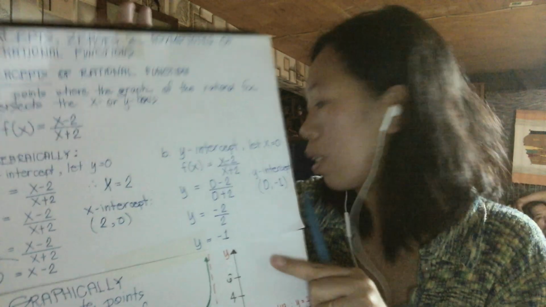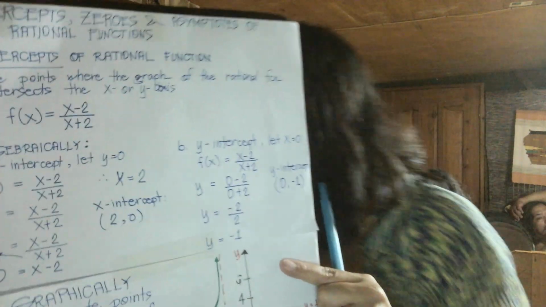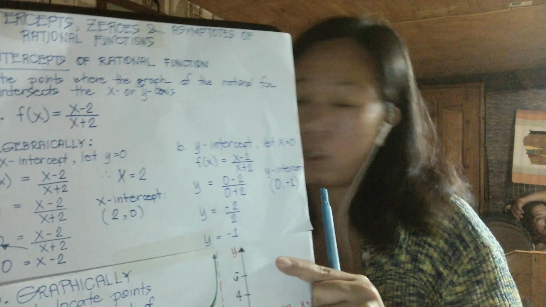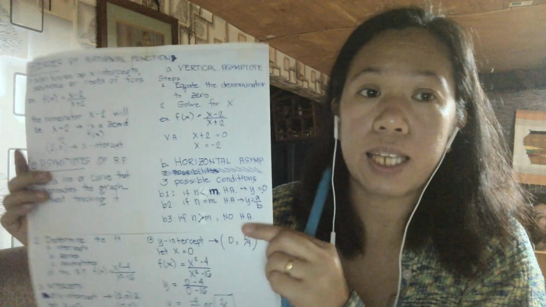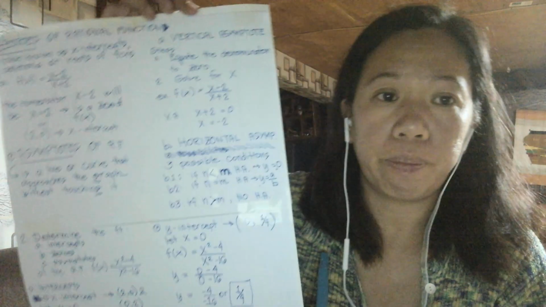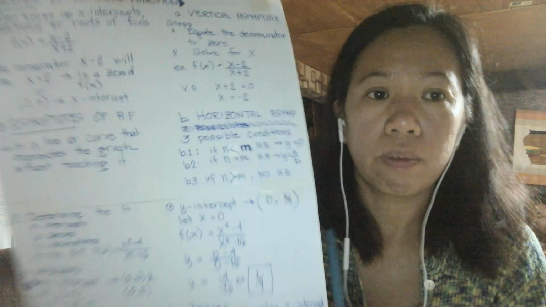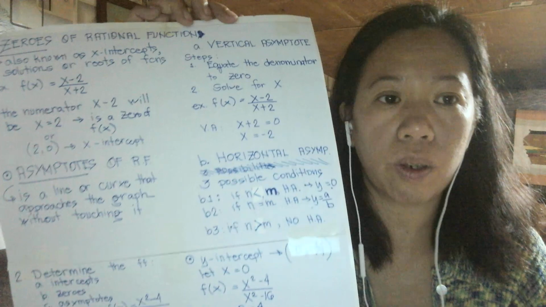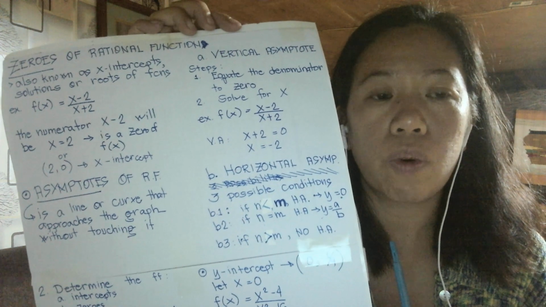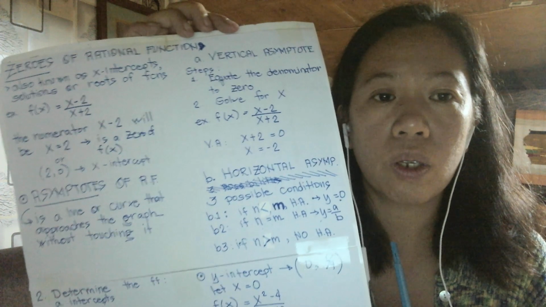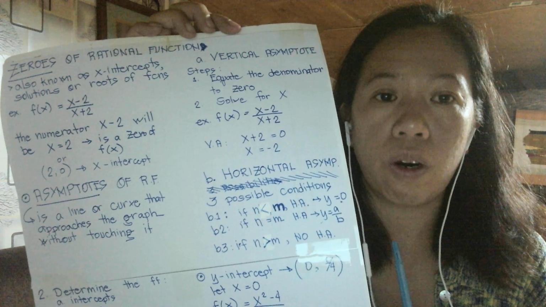The next now is your zeros. So what are zeros of a rational function? The zeros of a rational function are just the same as your x-intercepts. Is it clear? Okay. So zeros are also known as your x-intercepts, or we also call them the solutions or roots of functions.